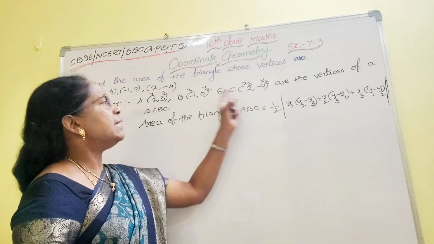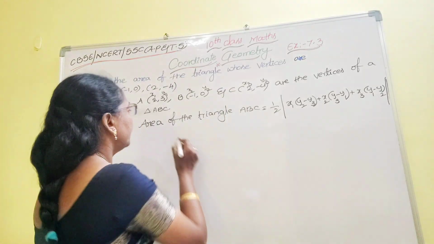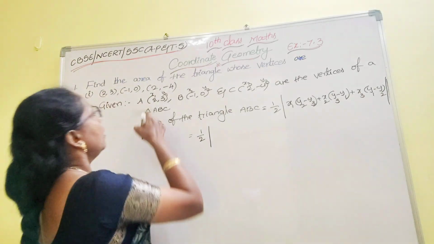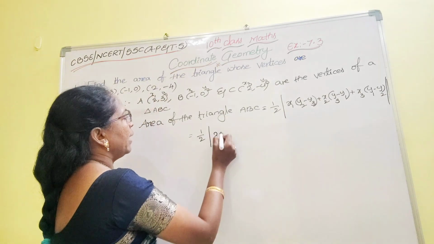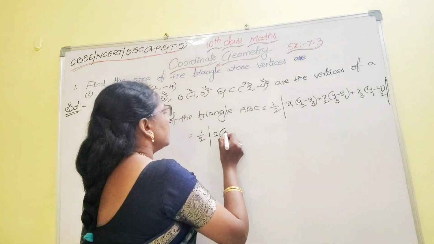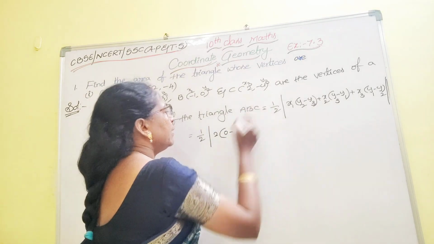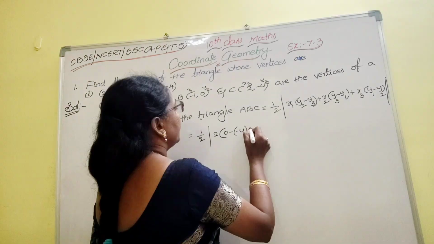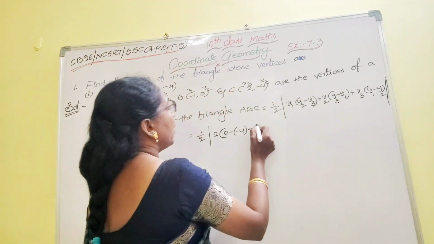Now substitute these values in this formula. That equals half modulus of, where x1 equals 2, x1 into (y2 minus y3), where y2 equals 0 minus y3 equals minus 4, plus x2 equals how much? Minus 1.